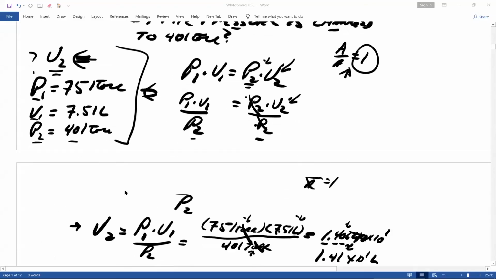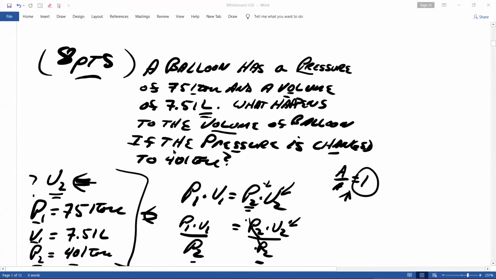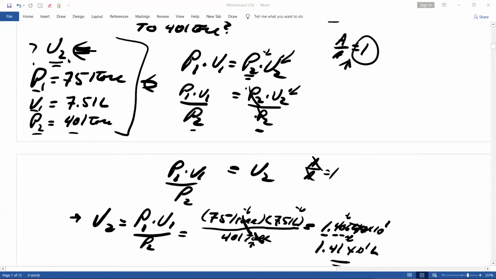All right, so we figured out we're trying to find V2. We're given initial pressure, initial volume, and a final pressure. If the pressure is changed to something, that's the final pressure. When you see a gas and pressure and volume, you know Boyle's law: P1 times V1 equals P2 times V2.